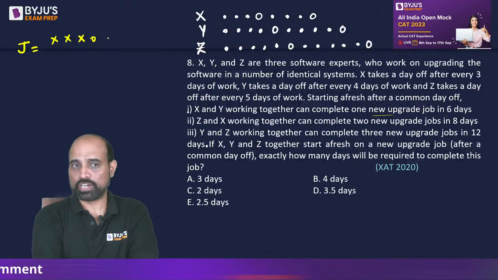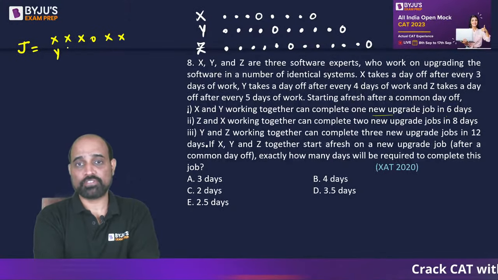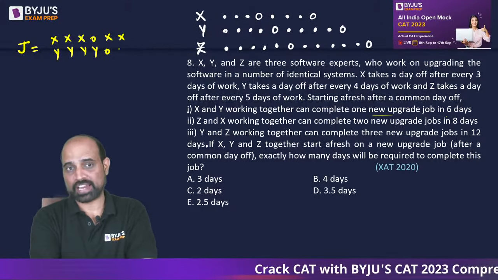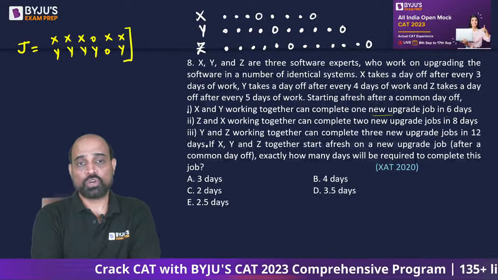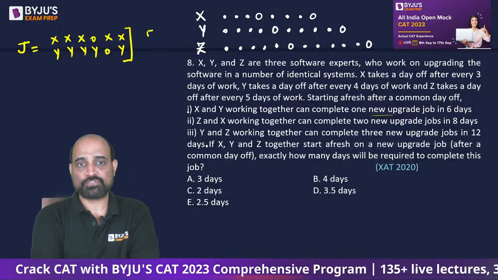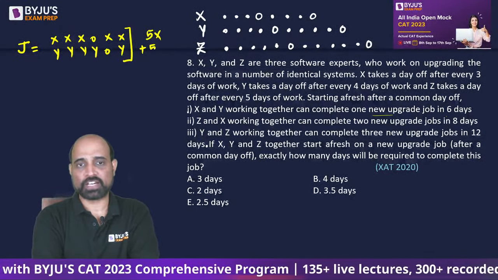He takes a leave, that's 4 days, and another 2 days. If I talk about Y, Y works for 4 consecutive days. He takes the leave on the 5th and he comes back on the 6th and the work gets completed. So looking at this, can we say we have 5X plus 5Y?